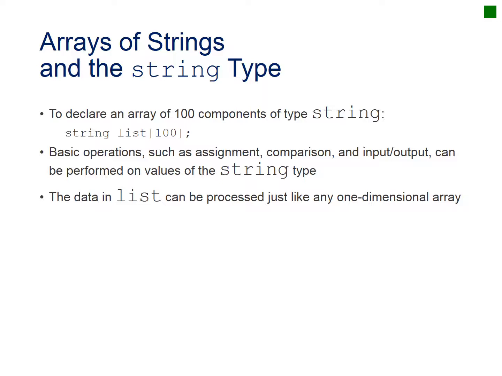To declare an array of 100 components of type string, we would write string list[100]. Basic operations such as assignment, comparison, and input-output can be performed on values of the string type. The data in list can be processed just like any one-dimensional array.